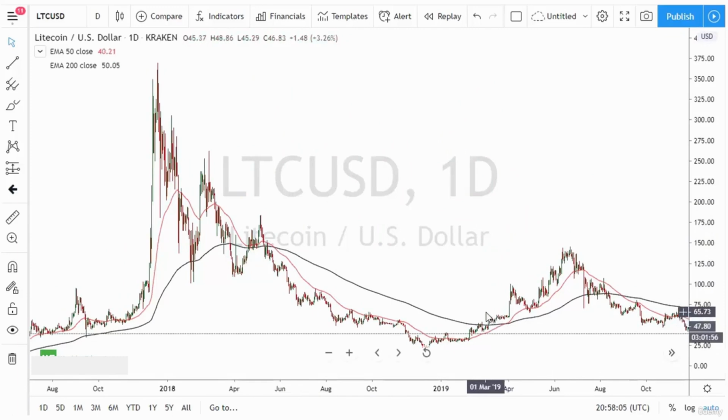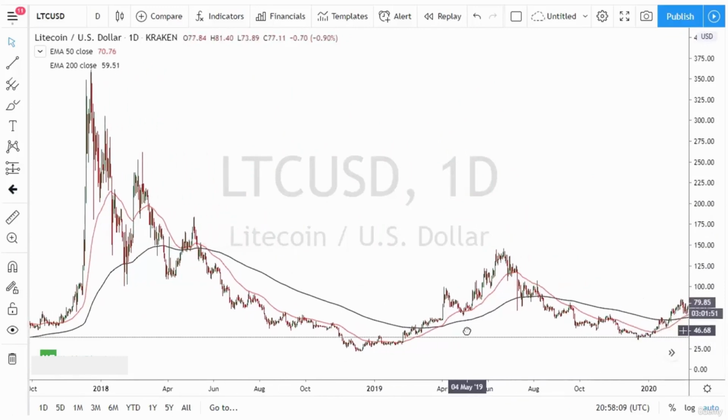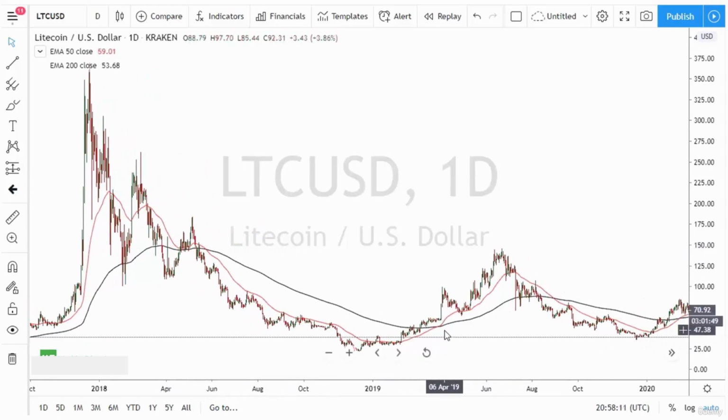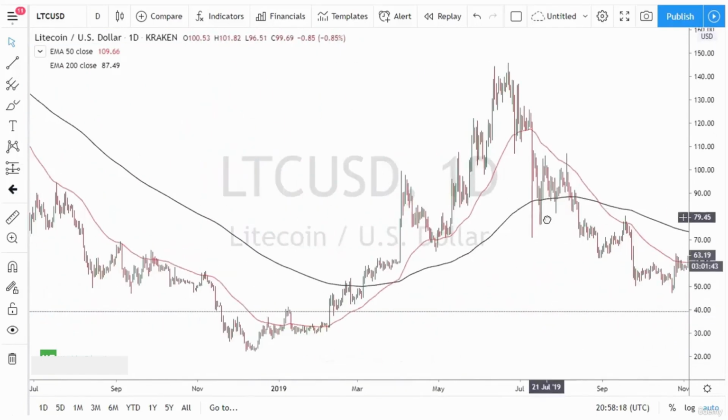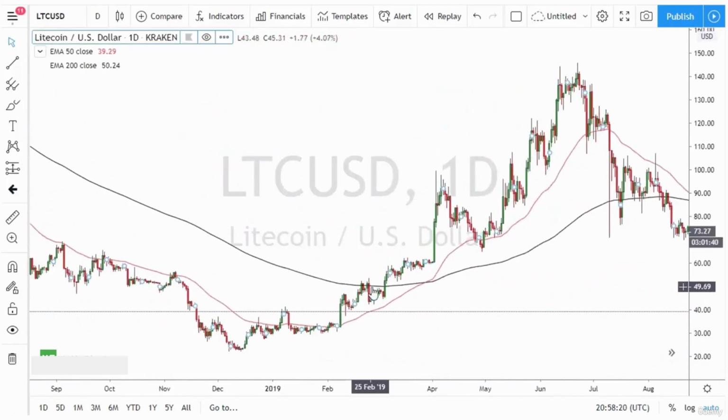Again, though, not a big fan of these, just simply because for the most part, they don't work, to be honest with you. You get massive gains or you get stopped out with a loss. It's kind of nowhere in between. That being said, though, when you look at this, you can see that the 200-day EMA did offer a certain amount of resistance and then support.